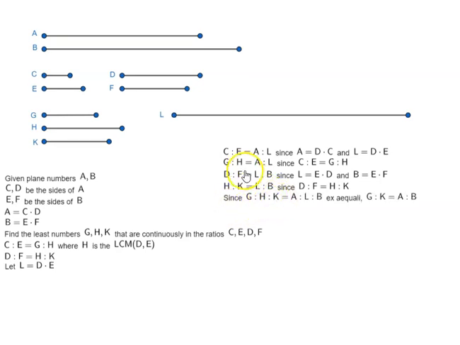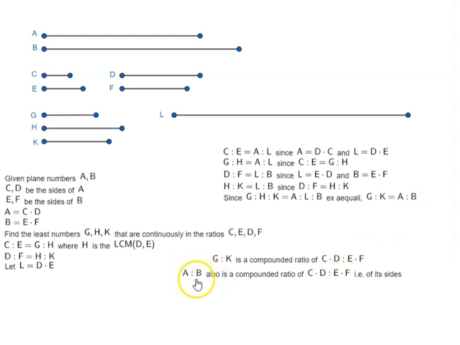Since G is to H is to K is equal to A is to L is to B, so ex aequali we can say G is to K is equal to A is to B. So that means G is to K is a compounded ratio of C times D is to E times F, because A is C times D and B is E times F. That means A is to B also is a compounded ratio of C times D is to E times F, that is of its sides.